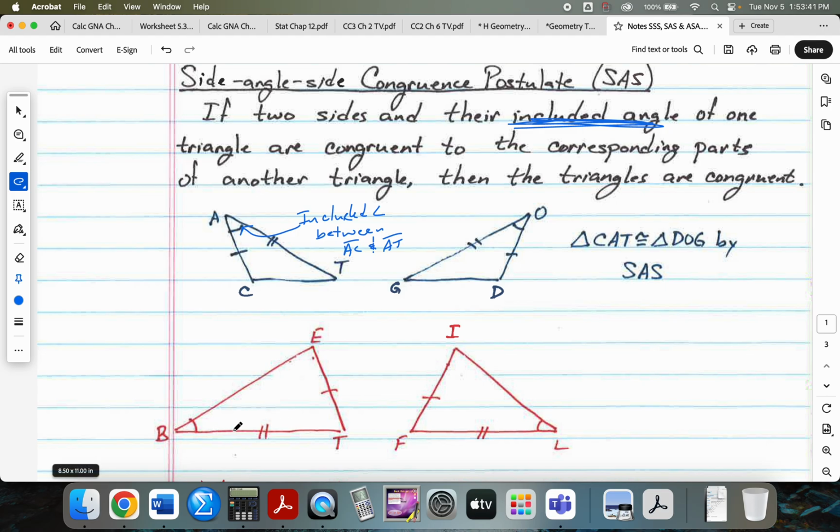No, it's the wrong angle. Likewise over here, it shouldn't be angle L, it should be angle F instead. So this is not side angle side, because it's not the included angle. It's got to be the angle in between the 2 sides.